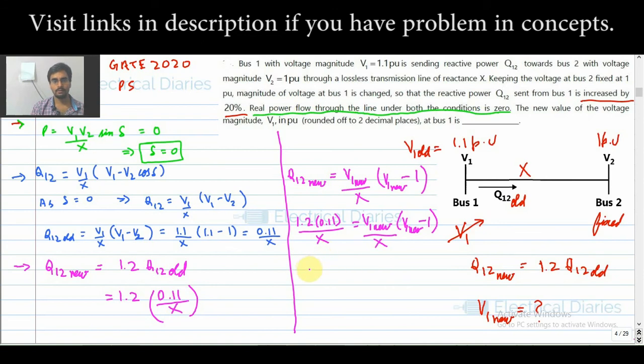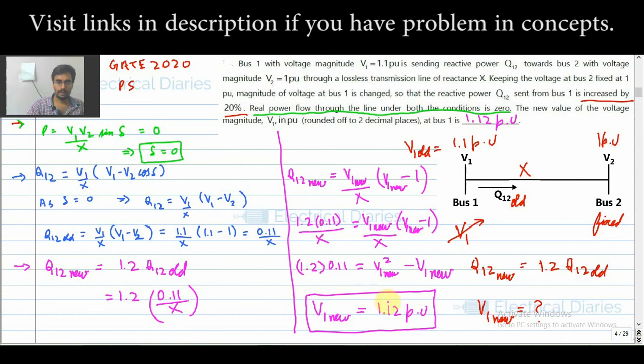Okay, so on solving this, what you will get is 1.2 into 0.11 equals V1 new square into V1 new minus 1. Okay, sorry, V1 new square minus V1 new. Okay, so this is a quadratic. So on solving it, you will find out your V1 new as 1.12 per unit.